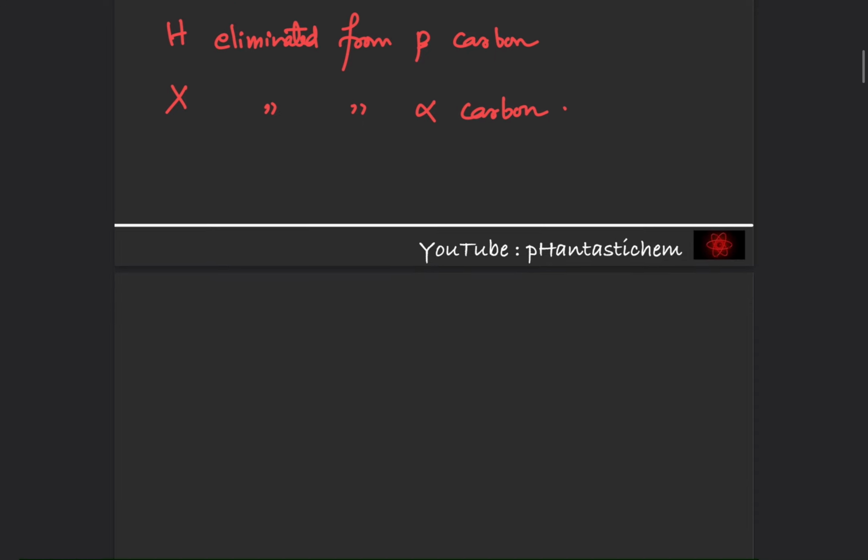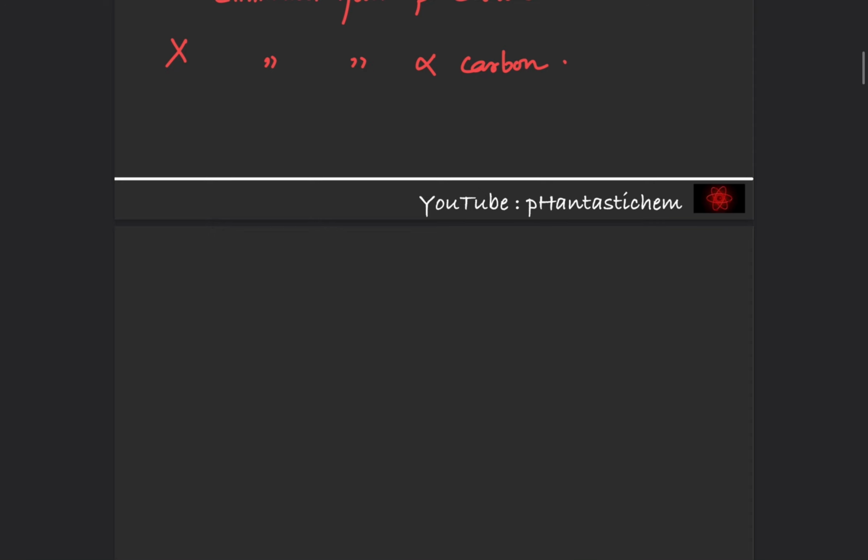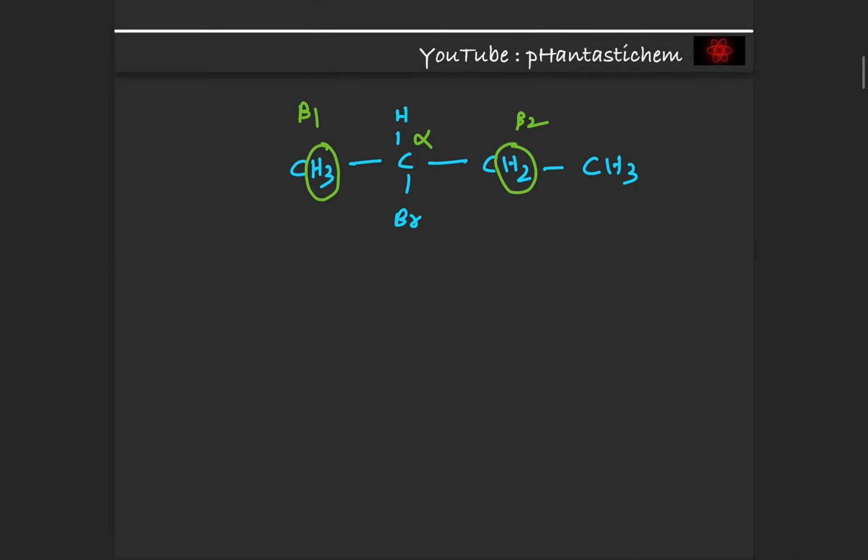Okay, so in our starting compound, that is this guy CH3 CHBr CH2 CH3, we have two different beta hydrogens. These are one kind of beta hydrogens, so let's say these are beta 1, and these are another kind of beta hydrogens, let's say this is beta 2. Okay, and this is our alpha carbon. Since this guy has two different kinds of beta hydrogens, two products are possible when we react this guy with ethanolic KOH.